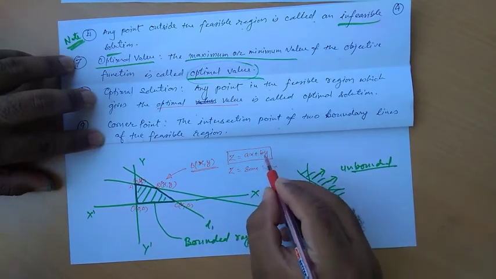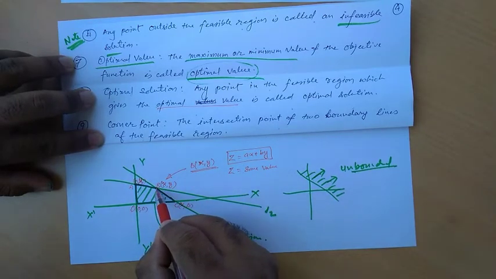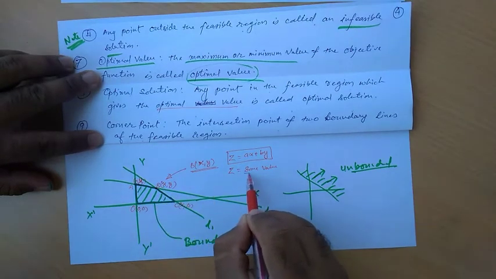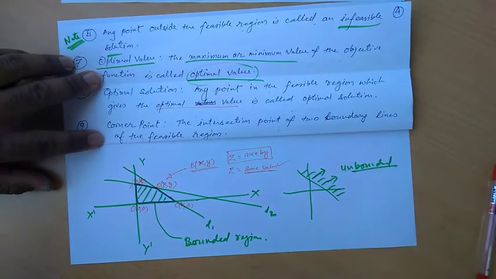If I solve it, that particular point B is the optimal solution, and we'll get the optimal value. So likewise we have to understand these things.